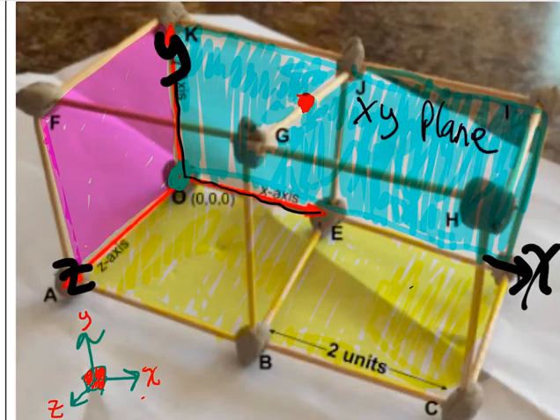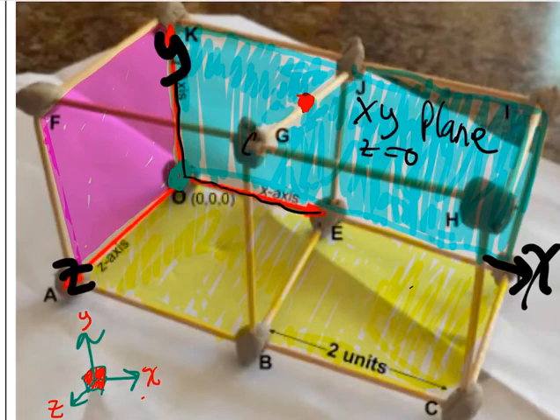Right, and that's what you've been graphing on since grade 4 or grade 3. Okay, and on the xy plane, everywhere in that blue, z equals 0 because you haven't moved out of the page. Z is a distance out of the page. That is the page, if you will, or the screen. So everywhere on the xy plane, z is 0.